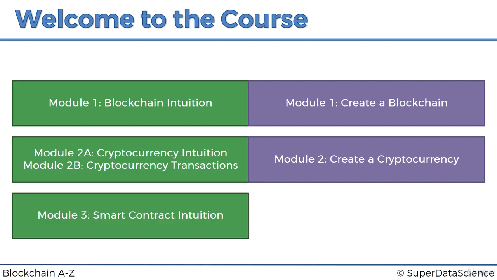And then finally, we'll have Module 3, create a smart contract. In the intuition of smart contracts, we'll talk about what these smart contracts are, why they mean the next future for the internet, and how this is all related to blockchain, how it all comes together on blockchain.